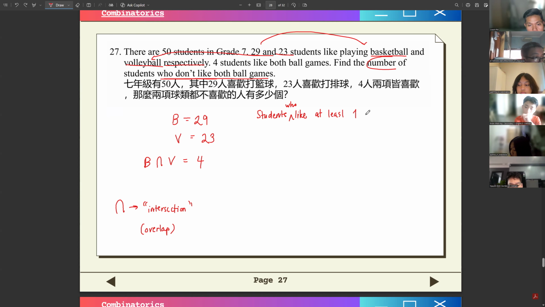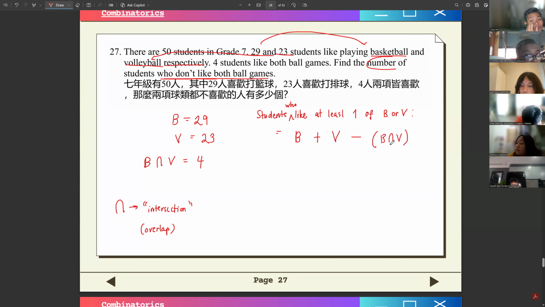Or let's say, to be more specific, at least one of basketball or volleyball. How do we count that? It's the students who like basketball plus the students who like volleyball minus the overlap, right? We have to subtract because if we add the 2, there's some overlap, which is double counted. So we have to subtract the overlap. This is what we call, in case you're not familiar, the principle of inclusion-exclusion.